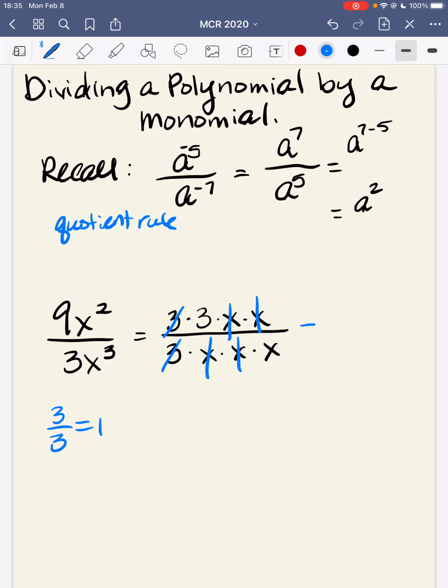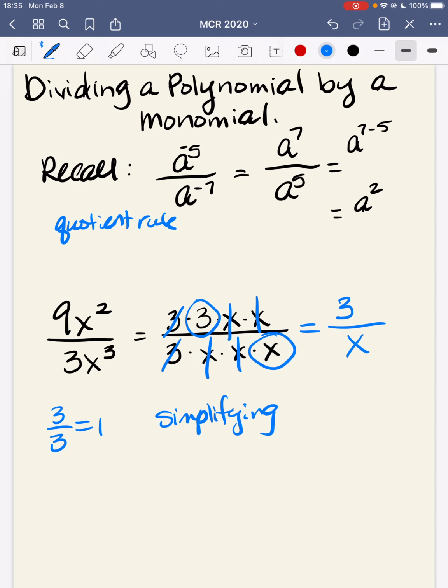In the end, on the top, I'm left with 1, 3, and in the denominator, I'm left with 1x. As weird as it looks, we're done. We're just simplifying the fraction into its lowest terms.